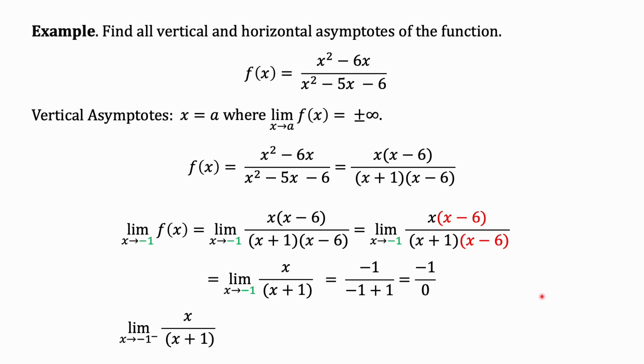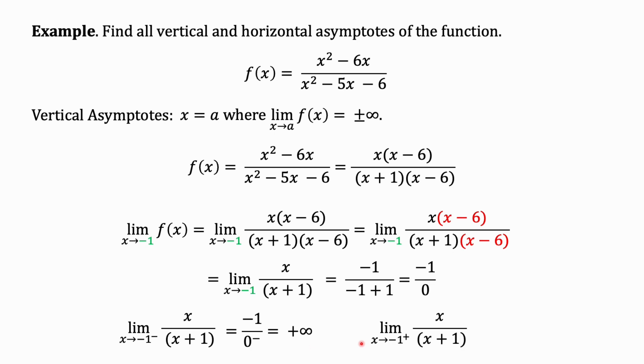So let's take our one-sided limit from the left. As we plug in a number that's slightly less than negative 1, when we do this addition, negative 1 plus 1, we get something that's slightly less than 0. So it's negative 1 over very, very small but negative, and then those two minuses cancel out, and so this limit is positive infinity.